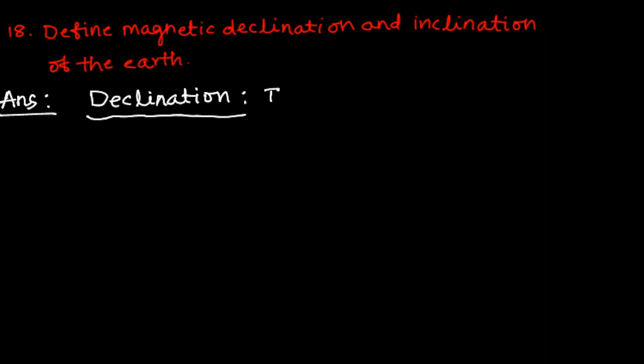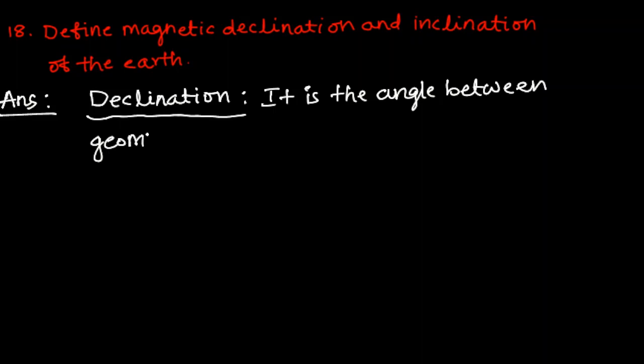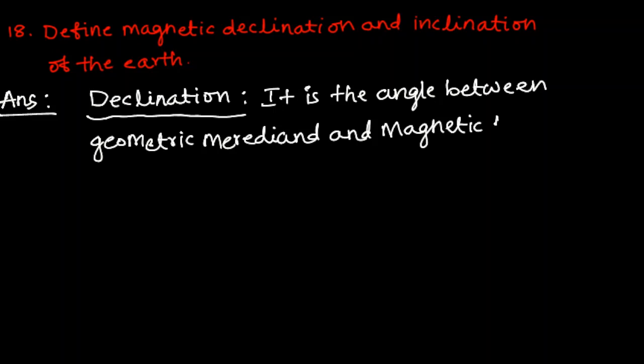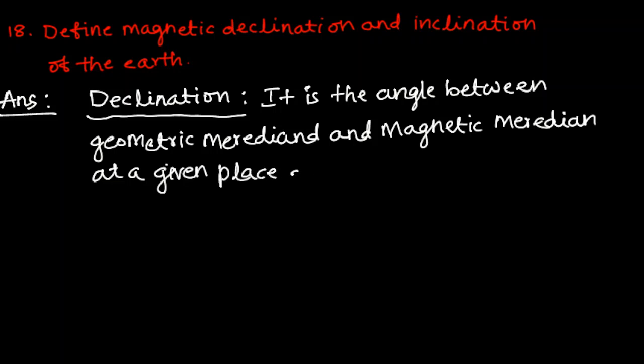It is the angle between the geometric meridian and the magnetic meridian at a given place, some place on the earth.